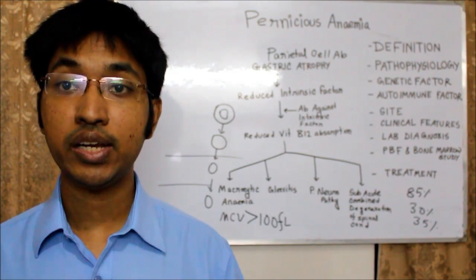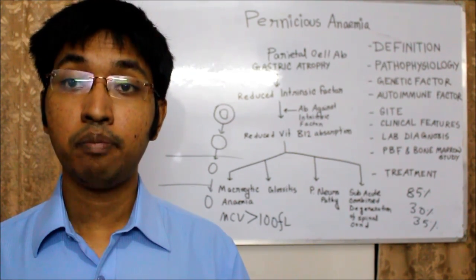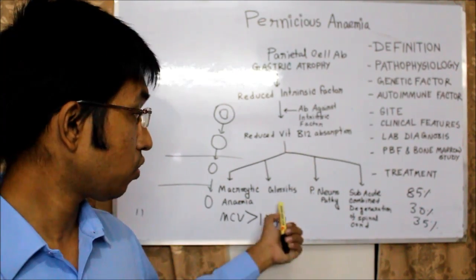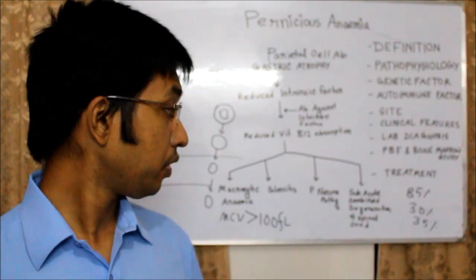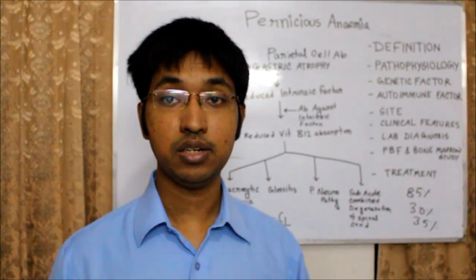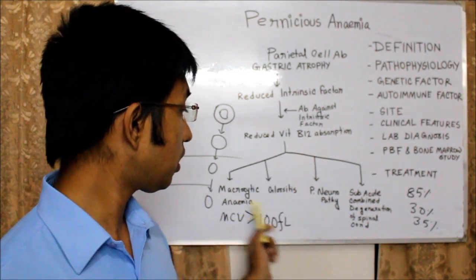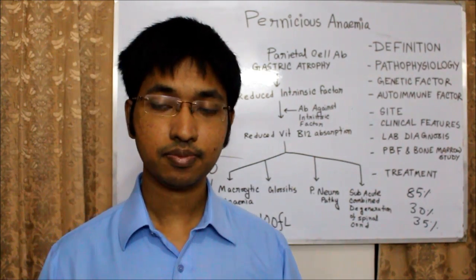The tongue will be red and shiny because there will be loss of the papillae of the tongue. So those are the clinical features of glossitis. The patient will have some abnormal sensation that will be due to peripheral neuropathy and subacute combined degeneration of the spinal cord. So these are the main clinical features of pernicious anemia.